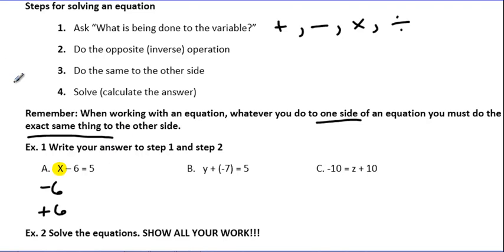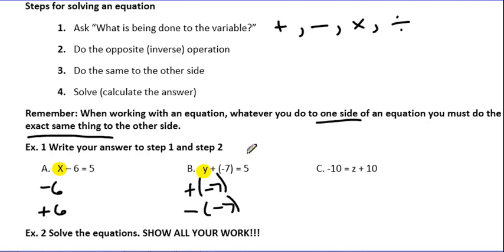Looking at B. Now, there's a couple of ways of handling this problem, but without doing any sign changing, what we're going to do is take a look at, again, what's being done to the variable. In this case it's y, I could see that I am adding a negative 7. And the opposite of adding negative 7 is subtracting negative 7.